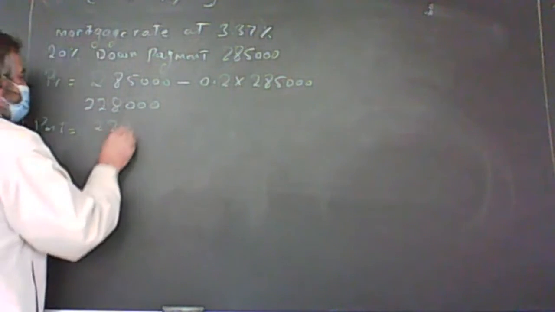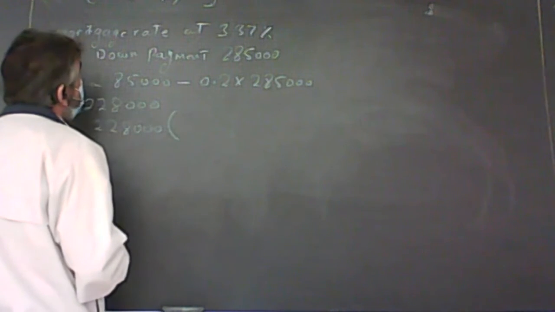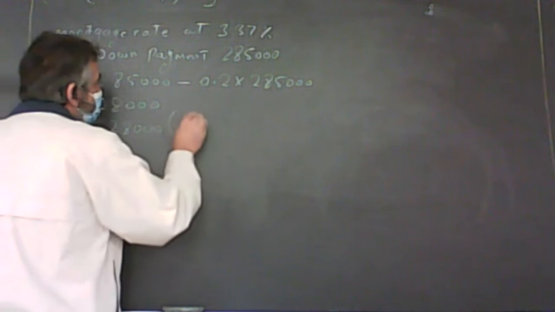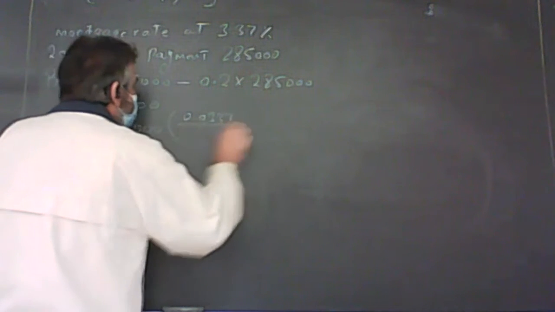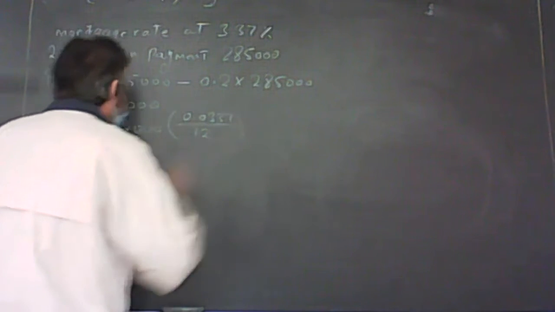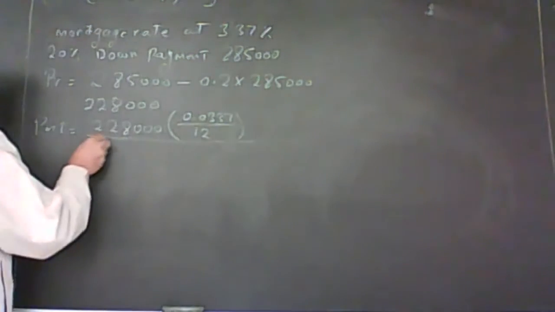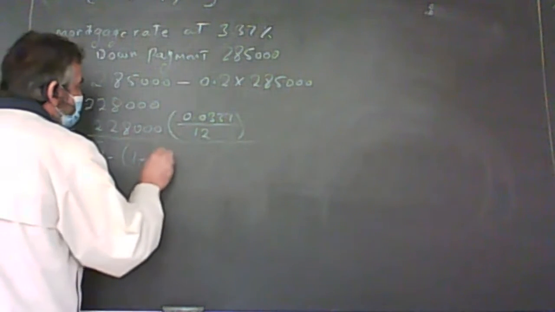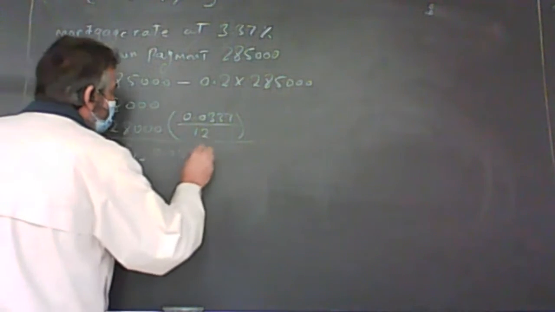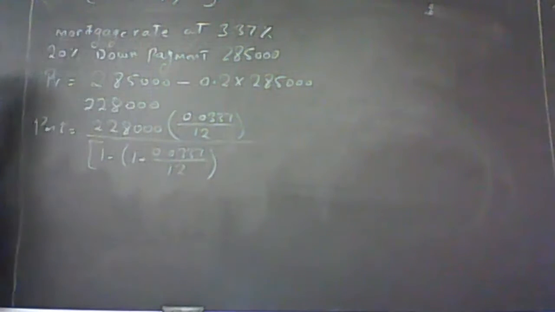It'll be 228 times the interest rate for the house, which is 0.0337, divided by 12, over 1 minus 1 plus 0.0337 divided by 12, to the power negative NT.